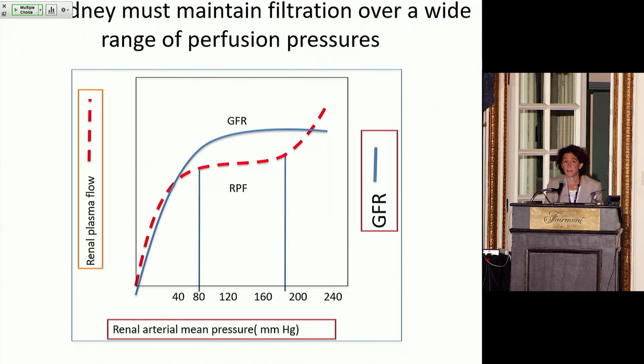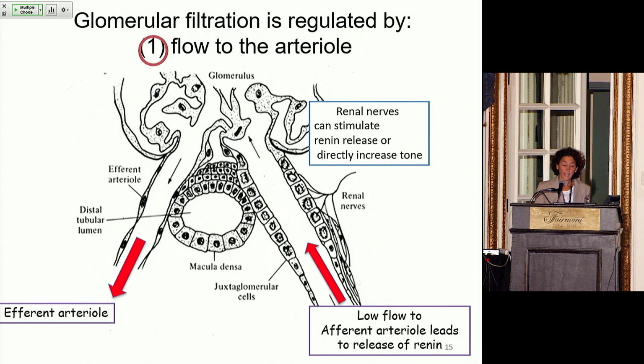Now, the kidney has to maintain filtration over a wide range of perfusion pressures. As you know, it's not every perfusion pressure, so it is possible to get under that mark when the blood pressure is very low. And so what about glomerular autoregulation?